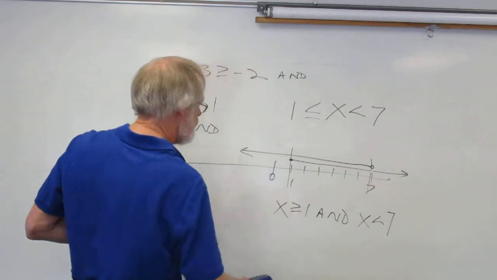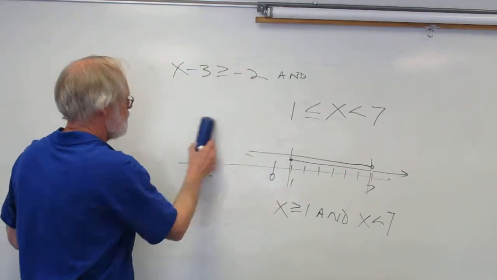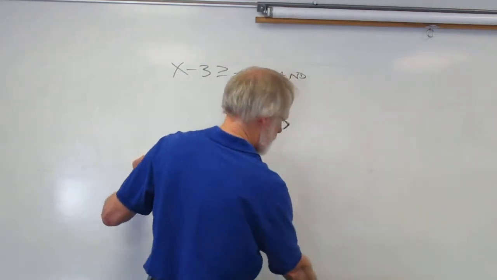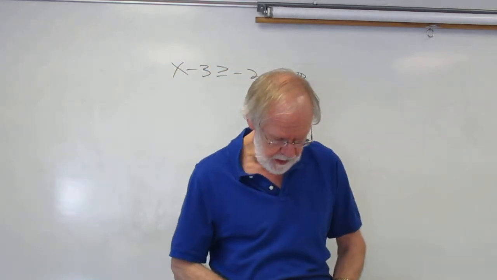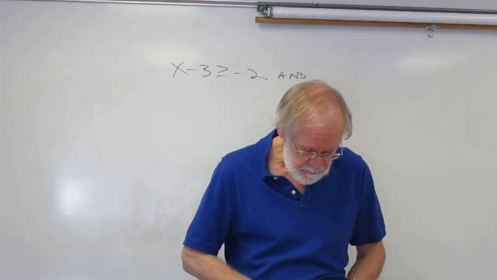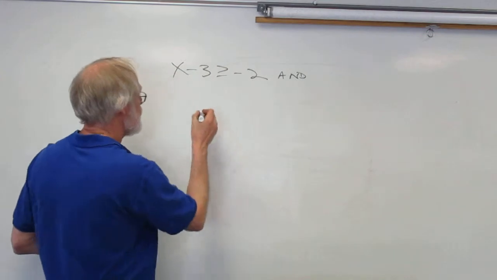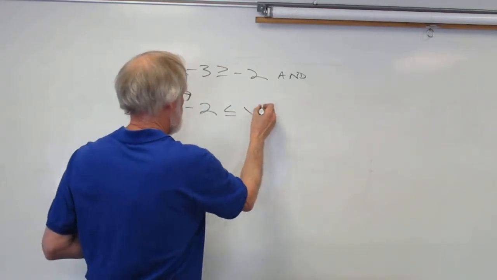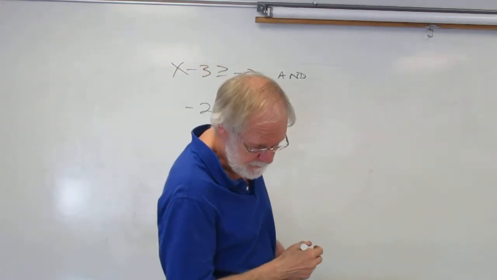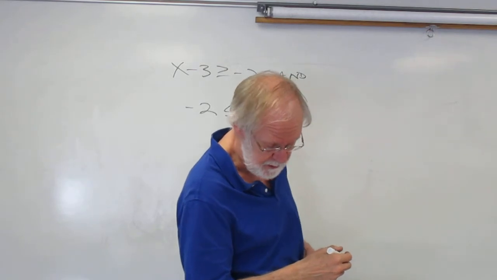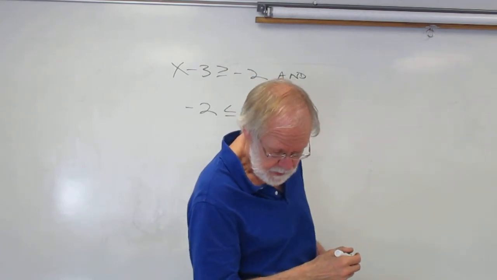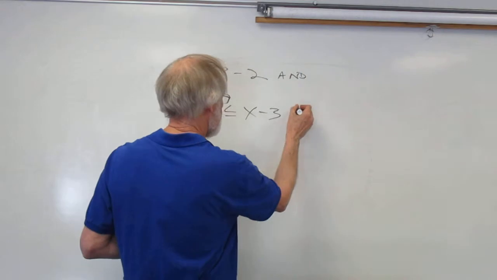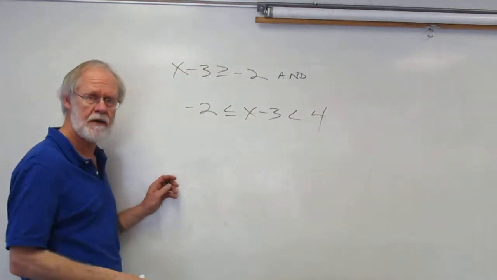All right, so let's go back to the original problem now and look at how it might have been written instead of having it written that way. It might have been negative 2 is less than or equal to x minus 3, which is less than 4. Now you have a compound inequality.